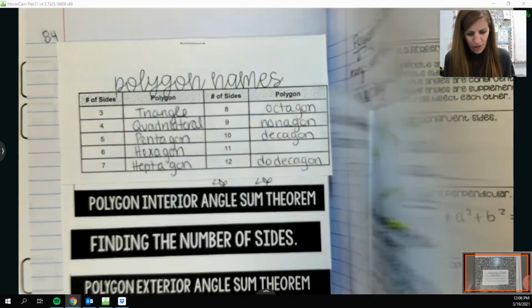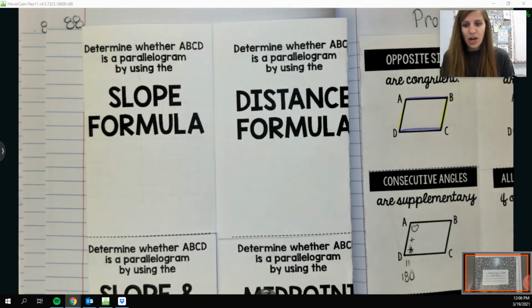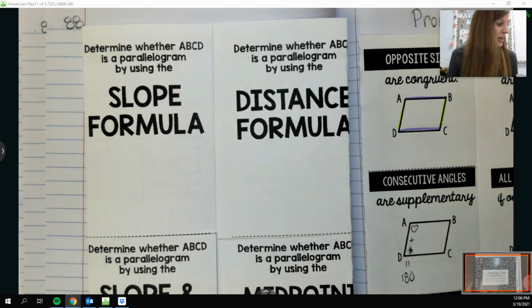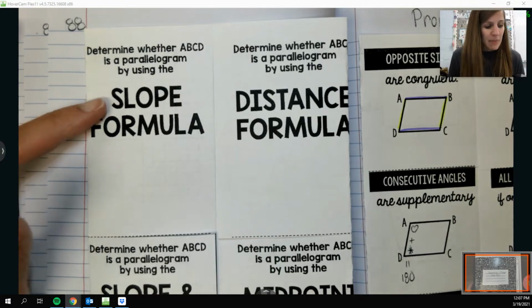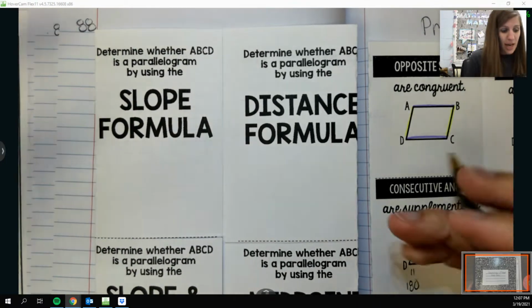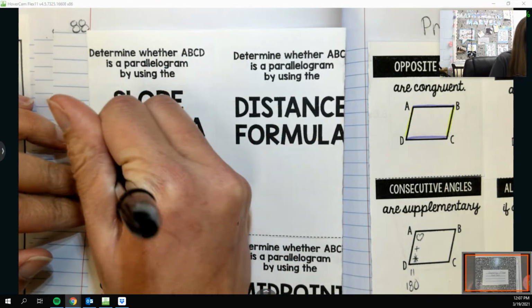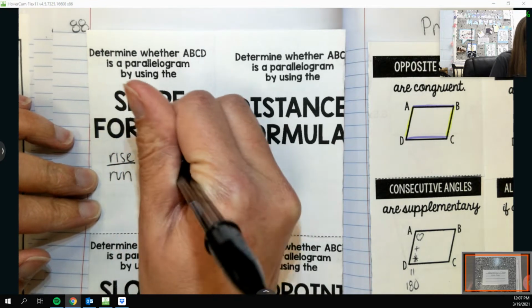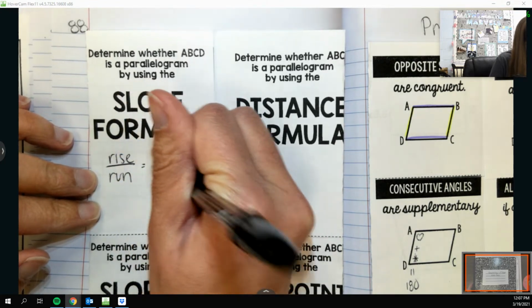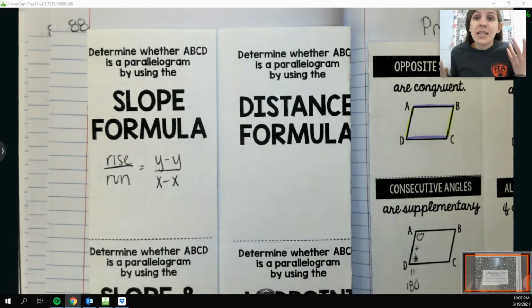So if we turn to page 88 first, this is a good place to start because we need a couple of reminders here. If I'm graphing a quadrilateral on the coordinate grid, I might want to remember the slope formula, so rise over run, or y minus y over x minus x, because it'll tell me what my slopes are.